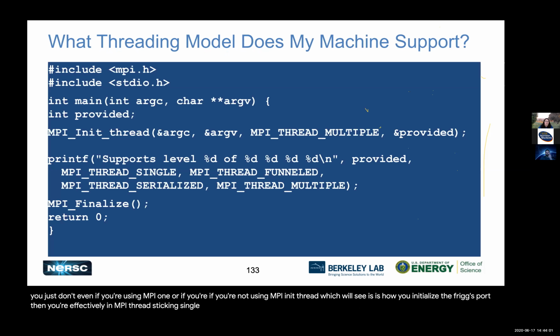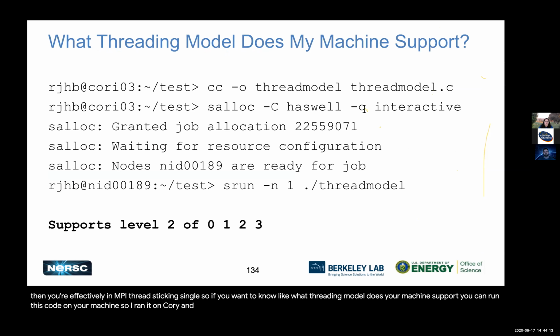If you want to know what threading model your machine supports, you can run this code on your machine. I ran it on Cori, and I got this. By default, the threading model of the Cray MPI implementation is level 2.